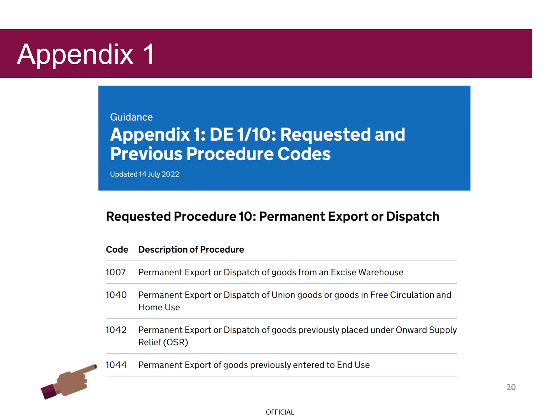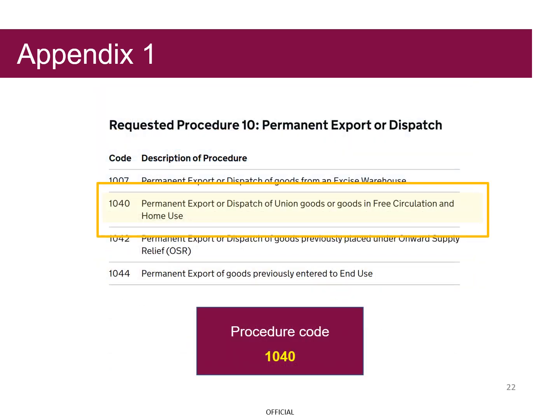Here, Grayson can read through the procedure codes and descriptions that he could choose from. For example, if his goods were previously in an excise warehouse, he would choose the code 1007. As Grayson's goods are a permanent export or were previously in free circulation, he identifies the procedure code as 1040.